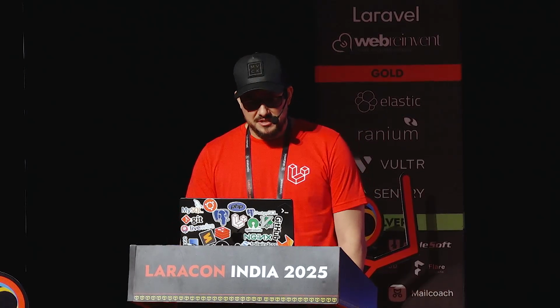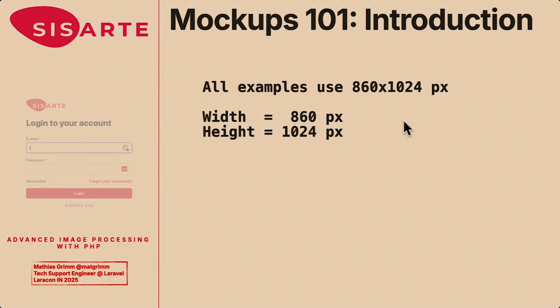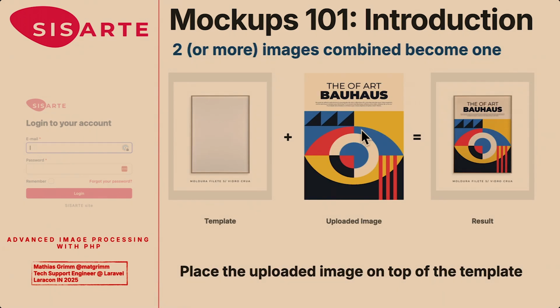In all examples here, I just chose to use dimensions like 860 by 1024, which means the width is 860 and the height is 1024. So just bear that in mind. So what is a mockup actually?